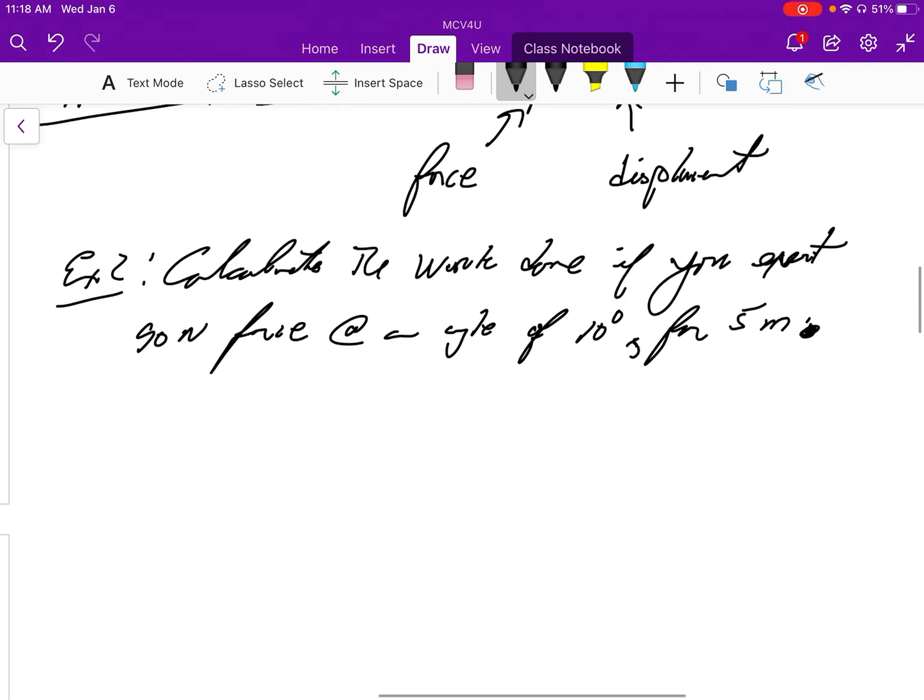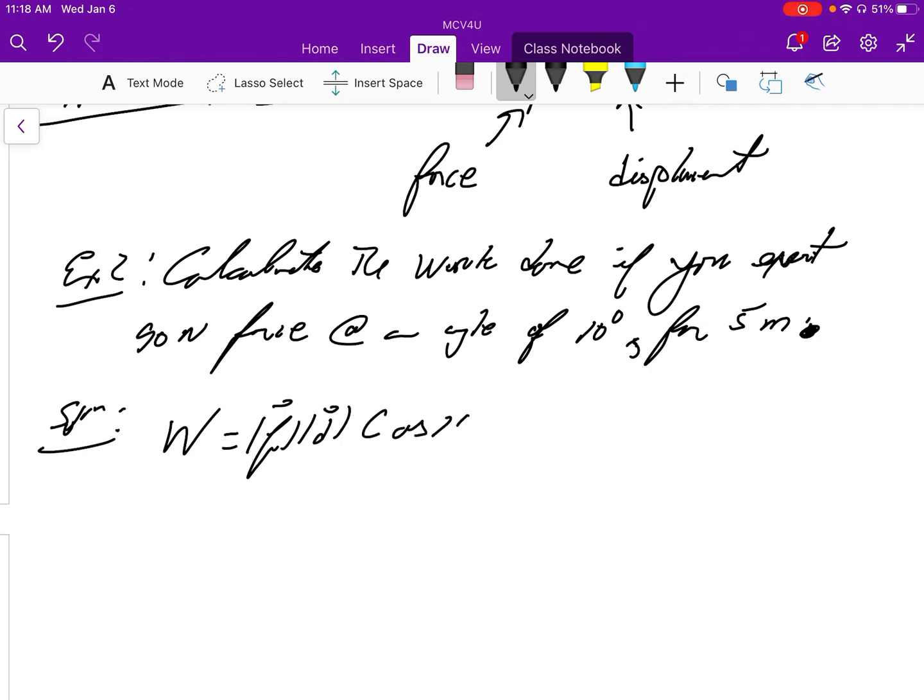So here's the thing. You're going 5 meters. We can go 5 meters to the right, 5 meters to the left, or whatever, in your forward direction, to make sure that the 5 meters is the displacement, right? So again, what is the work done? We know it's the product of the magnitudes times the cos of the angle between them.